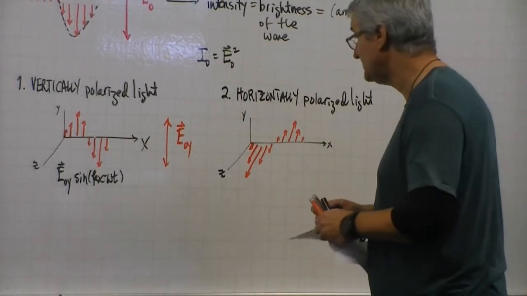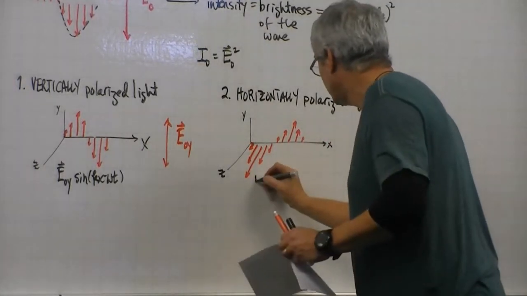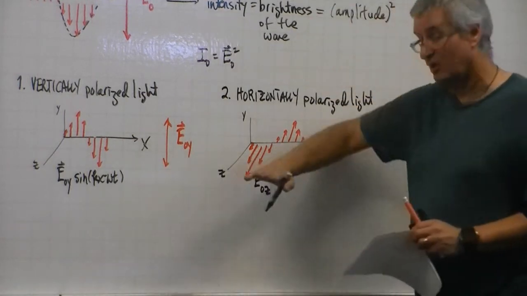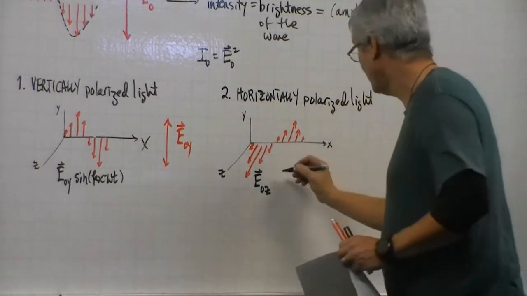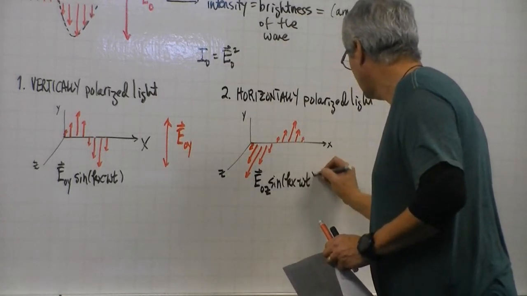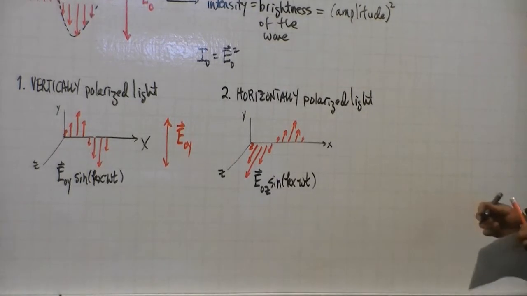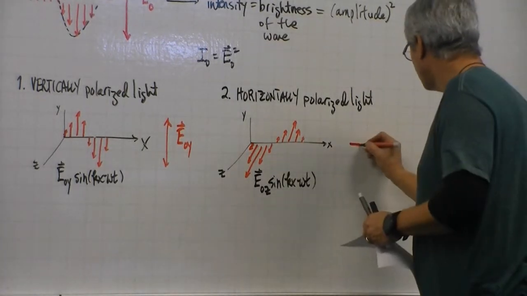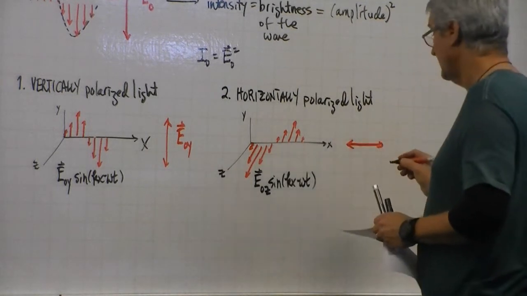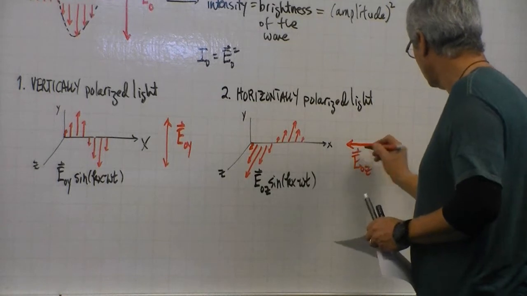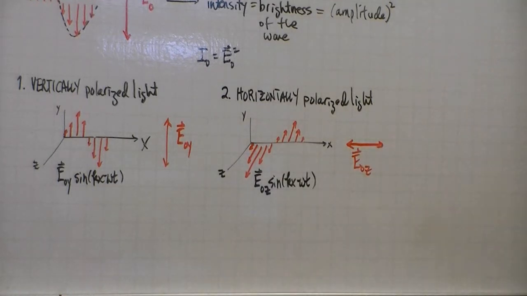So this wave has an amplitude in the z direction, the horizontal plane. And then my wave, as we talked about last time, is sine of kx minus omega t. The way we draw this is vertically like this, and so its amplitude is E naught Z. Again, it's a vector amplitude.